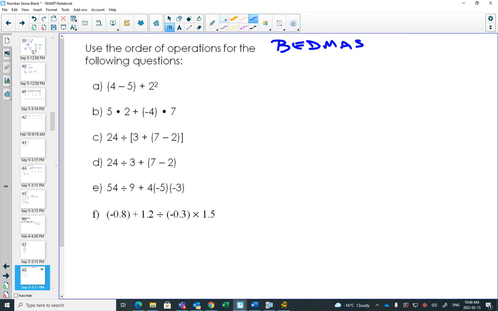We do have brackets, but they're just holding numbers. So nothing to do, no operations to do inside. Okay? Do we have exponents? No, but we have dividing and we have multiplying. What's there beside this one? Okay.